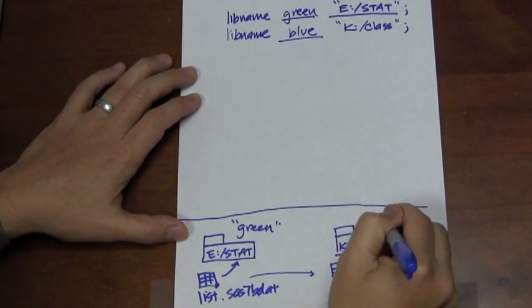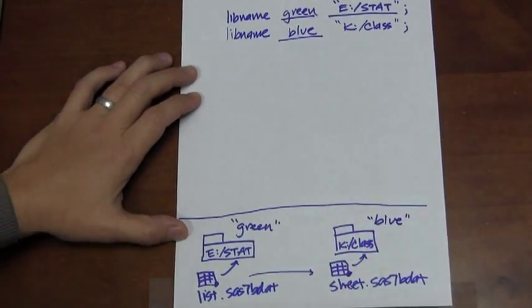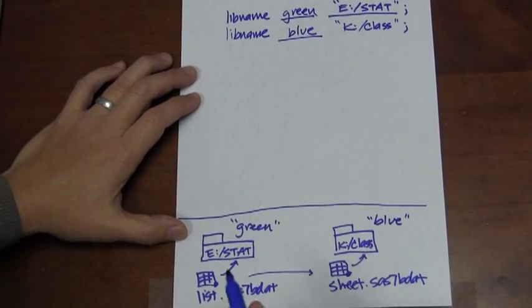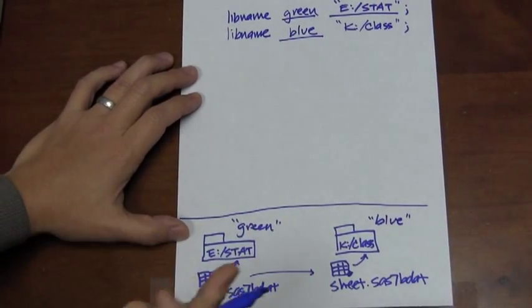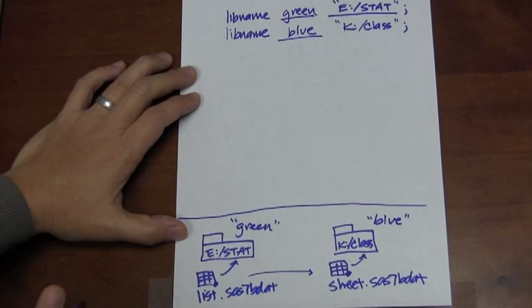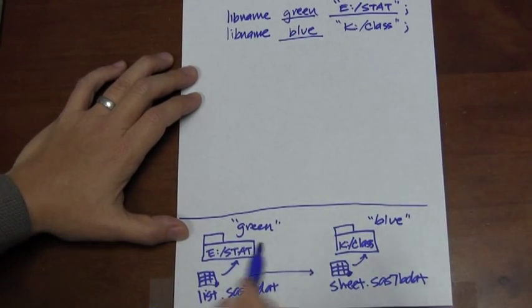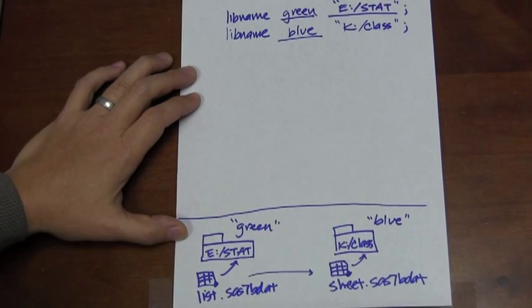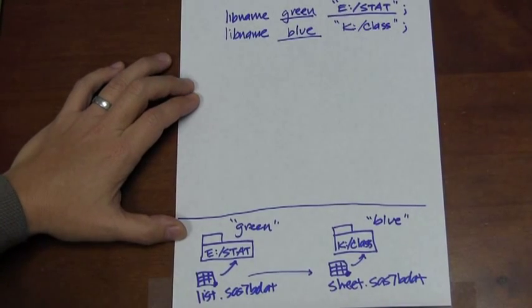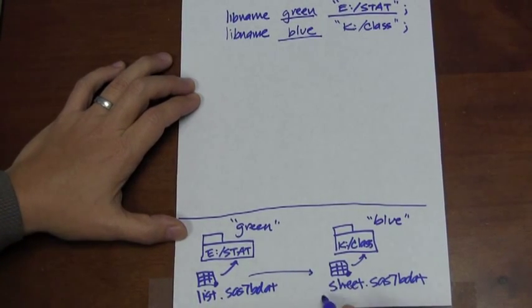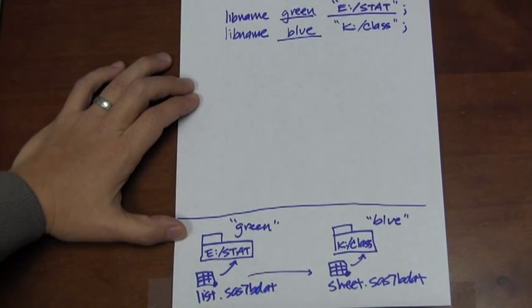All that does is set up a link for SAS, so that when it sees the word blue in reference to a dataset matrix name, then it'll know we're talking about the class folder on the K drive. So what I want to do is create this new data set called sheet, and it'll be based on the original list.